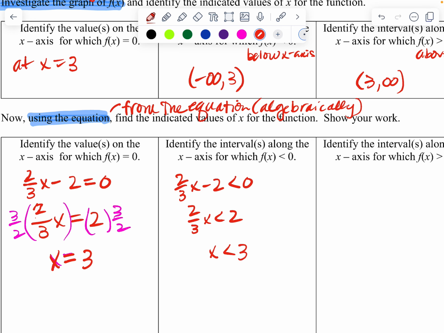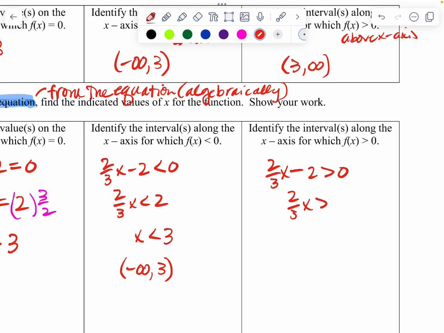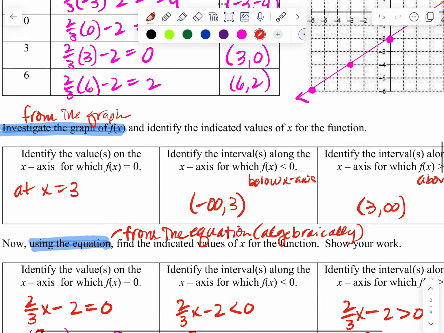The way we write that as an interval is we say x is less than 3, or we say x is from negative infinity to 3. Same interval as we got before, and then we'll repeat the process here. 2/3 x minus 2, when is it greater than 0? So x has to be greater than 3. It matches our answers above.